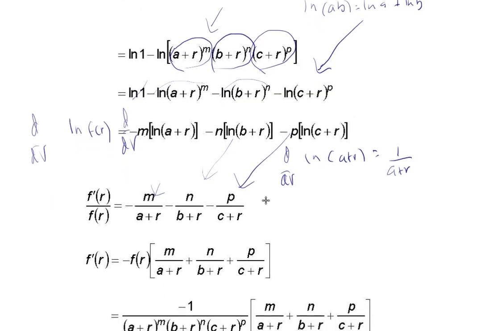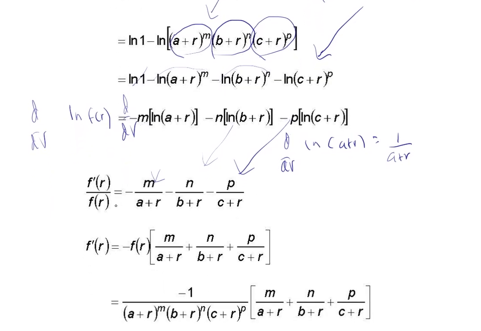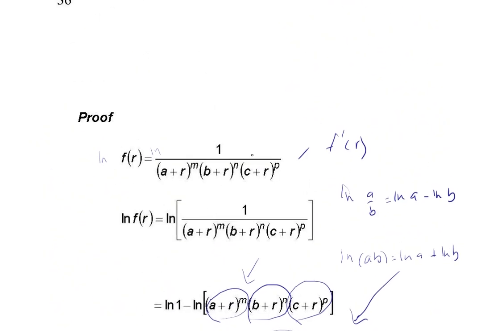From here we can multiply both sides with f(r), and we will get f prime r equal to negative, I bring this negative to the front, negative f(r) times this again. And what is our f(r)? f(r) is equal to this.